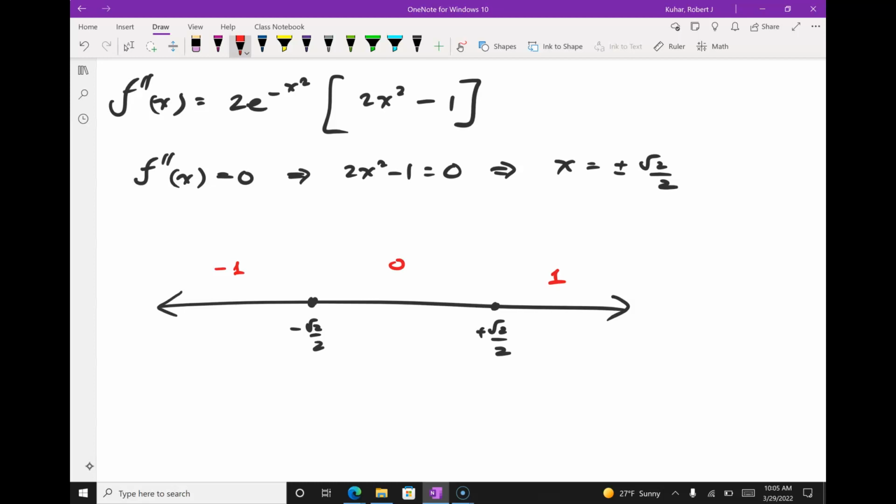Which means a critical value of the first derivative cannot be a critical value of the second derivative. Why? That's always a question on my test for extra credit. So I won't answer that. Think about it. Why can a critical value for the first derivative not be a critical value for the second derivative?